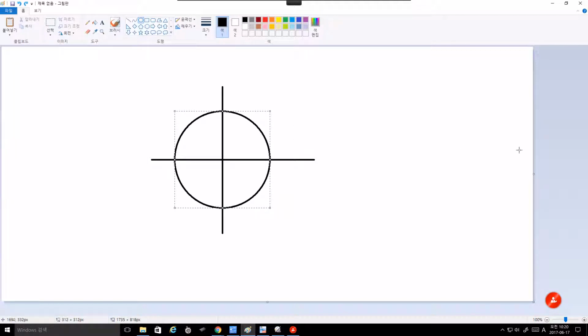Let's make this one blue. This is x, and this is y, and this is basically 1, and this is the minus 1, and this is basically x squared plus y squared equals 1, right?